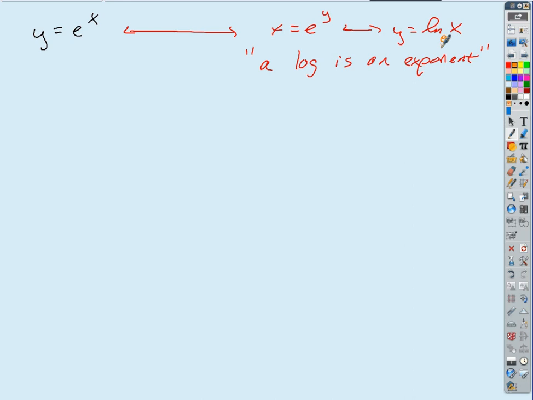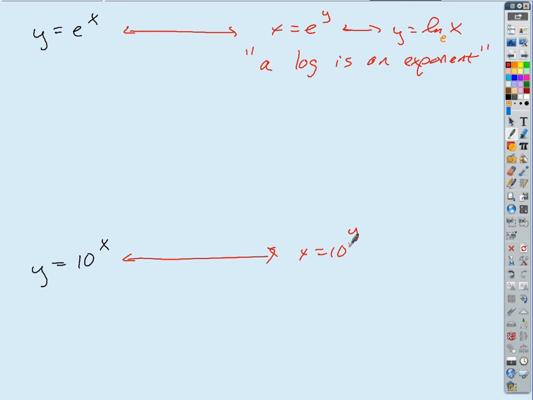So if we were gonna do something in parallel here, instead of a base e exponential, if we started off with a base 10 exponential, what's gonna be the corresponding log statement? If we flip the x and the y to solve for the inverse, I would have gotten x equals 10 to the y.